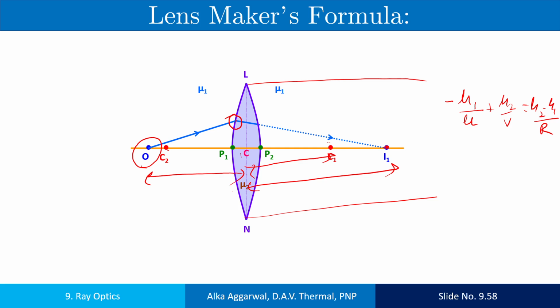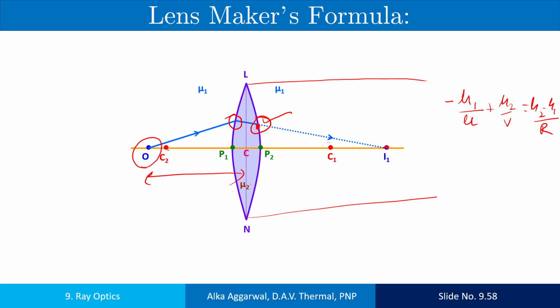Now put these values, but we know that the surface is not continuous, there is a second surface. So the second refraction takes place at this point, and for this surface I1 is acting as the object.